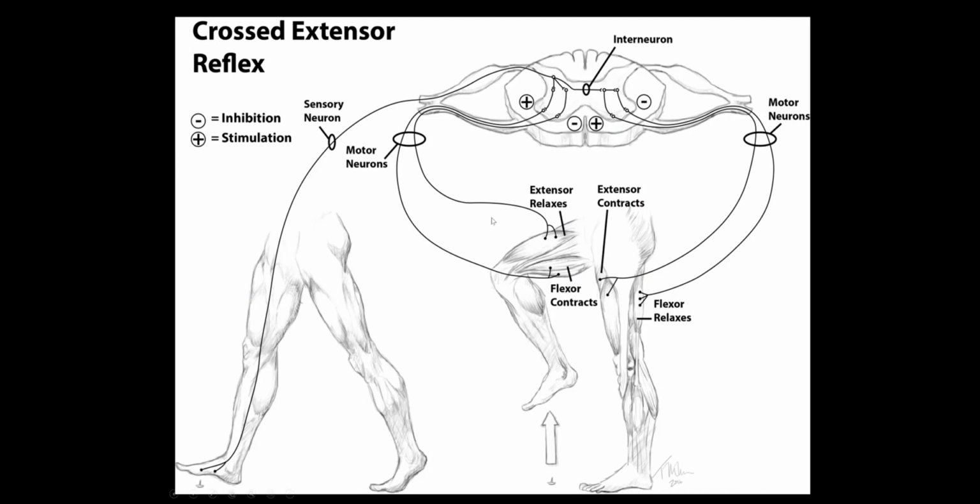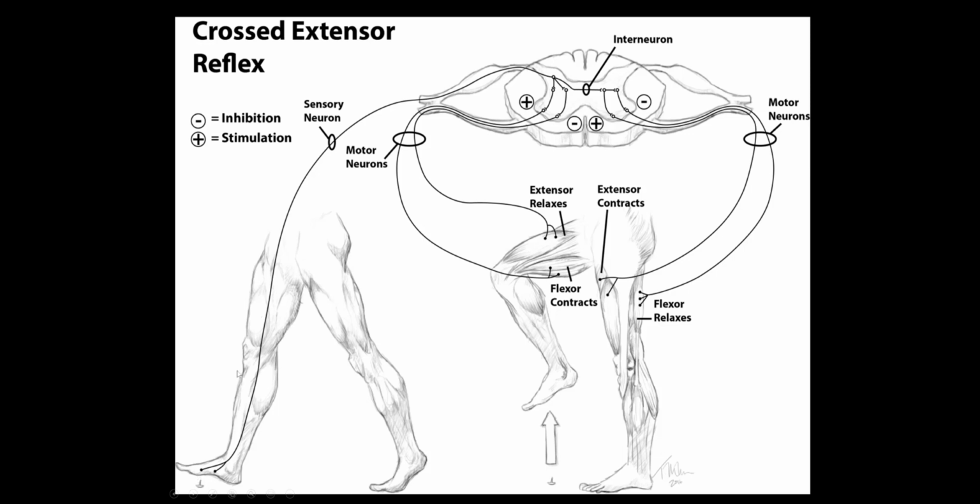All right, something else to know about here is the crossed flexor extensor reflex. Imagine stepping on a tack. What would you want to do? Well, you'd want to flex the hamstrings, which is going to flex your knee, and you'd want to relax your quadriceps. You don't want to activate that and step into the tack.